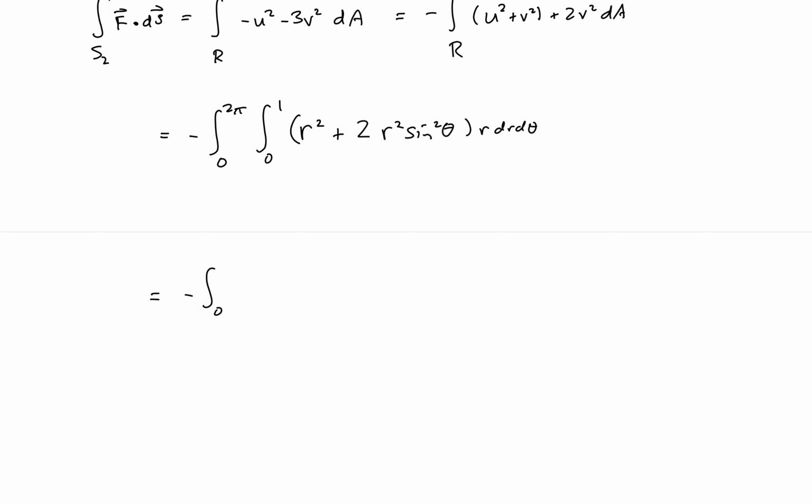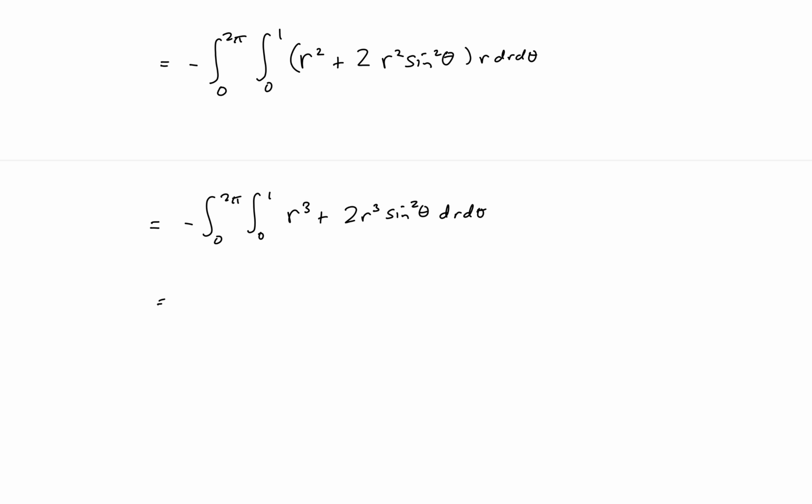And so this becomes the integral from 0 to 2 pi, 0 to 1, of r cubed plus 2r cubed sine squared theta dr d theta, which I can factor the r cubed out of, and I get 1 plus 2 sine squared theta dr d theta.